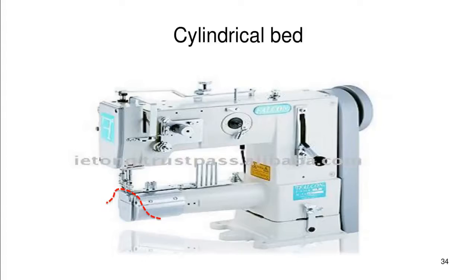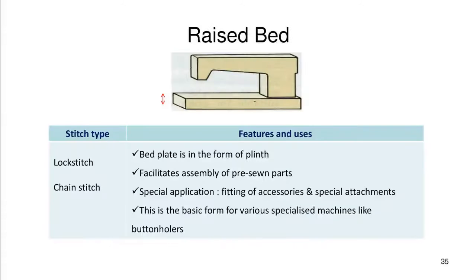From your right side, you are going to insert the fabric, and towards the left the operation will be done and the fabric will be pushed towards the left in the case of a cylindrical bed. That brings us to the end of slide 34, and we go to slide number 35.